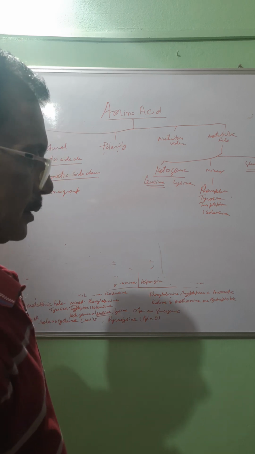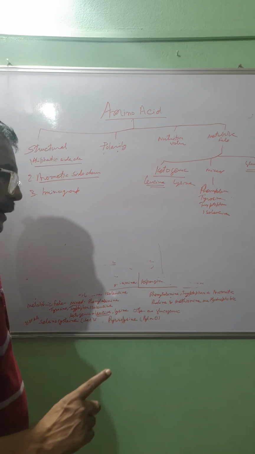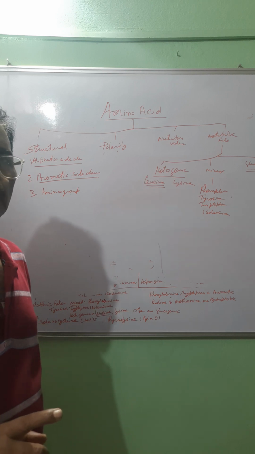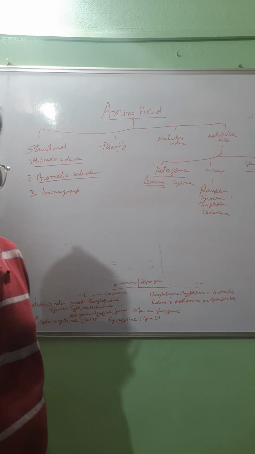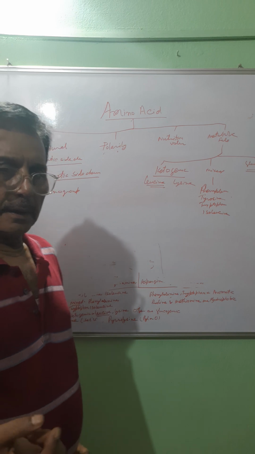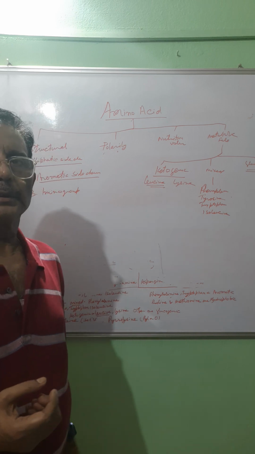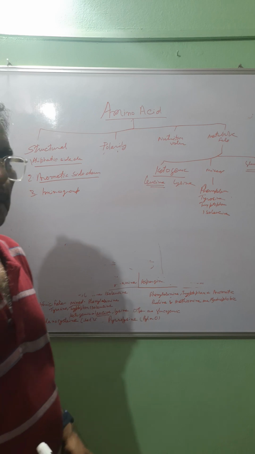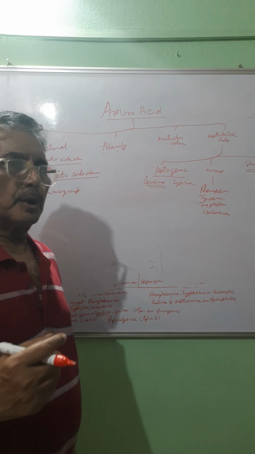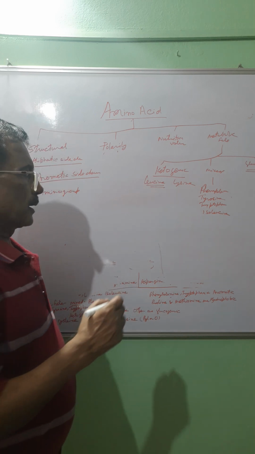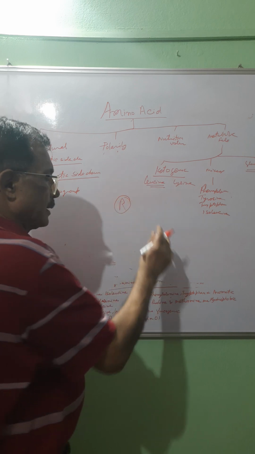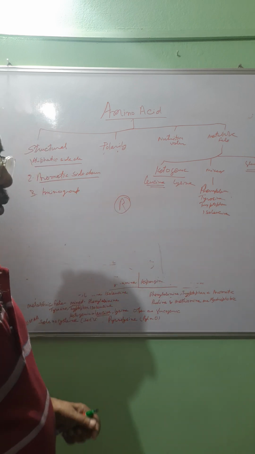This is the classification and structure of amino acid. We have learned what an amino acid is, why it is called amino acid, then the structure of amino acid and the classification of amino acid. Different amino acids have different functional units.